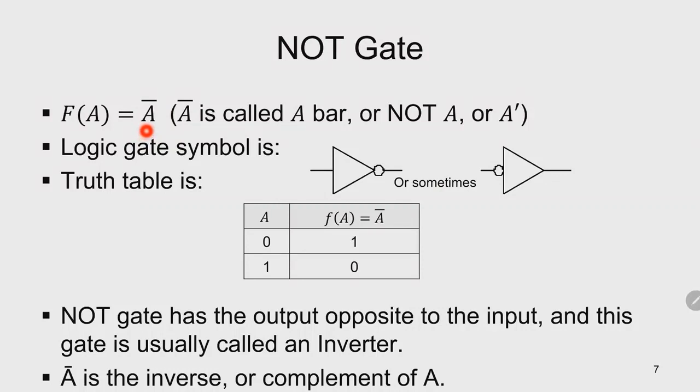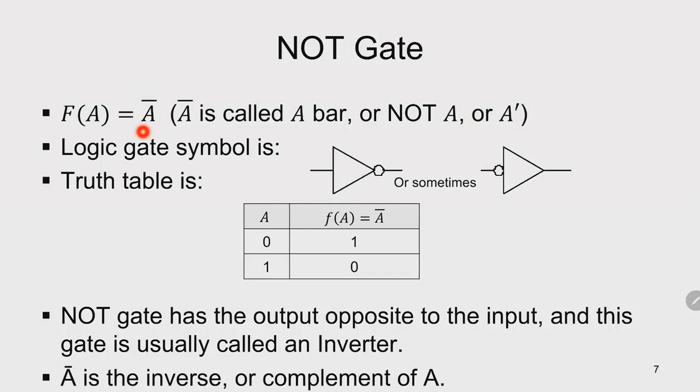The one we're going to use here is A with a bar on top, so we call it A bar. In words, you can say NOT A, or another way of expressing it is A with a dash, which we call A complement. You'll find some books that use these symbols, but here we're going to adopt the A bar symbol.